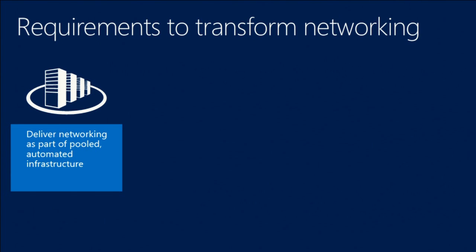The first area is that when customers look at networking, they don't want to look at it as an isolated resource. In a data center, you have compute, you have storage, you have networking. They want to look at the network as a pooled resource and have integration with storage and compute. The perfect example I can give you is live migration. I think everyone knows about live migration.